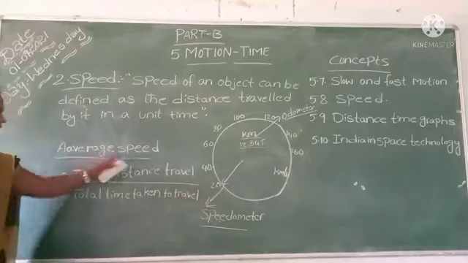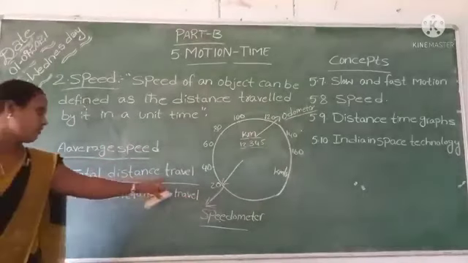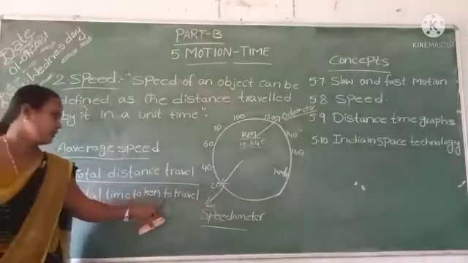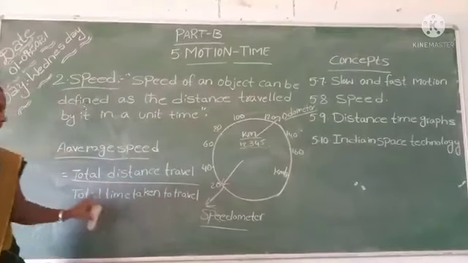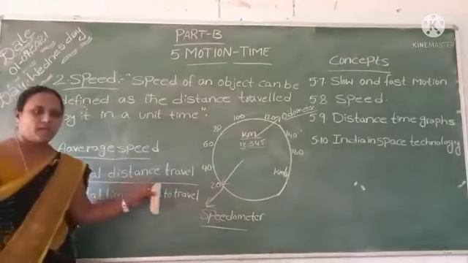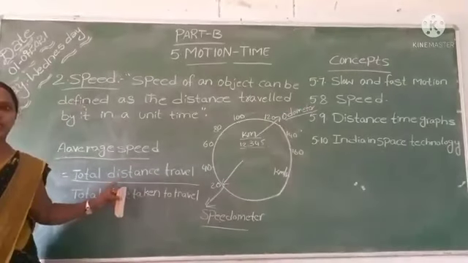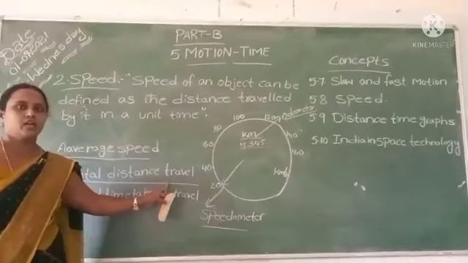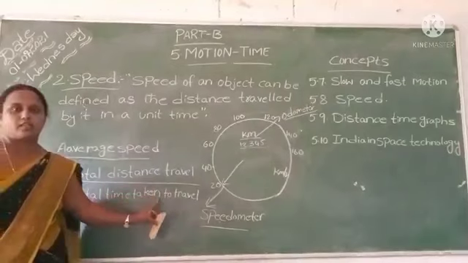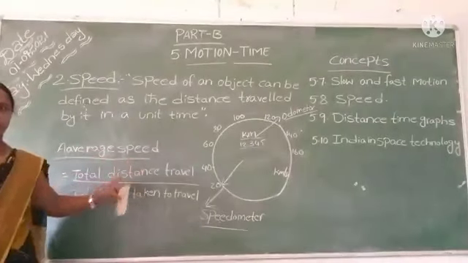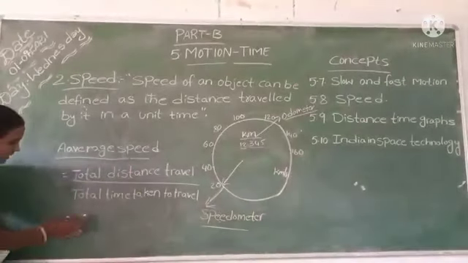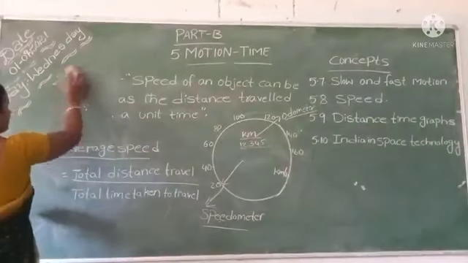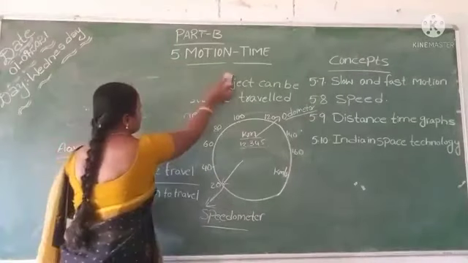So average speed is the total distance travelled by the total time taken to travel. When we go on the bike, how long a distance are we traveling? How much time are we traveling? That is called average speed. So now we can see in kilometers. Another one is units of speed.